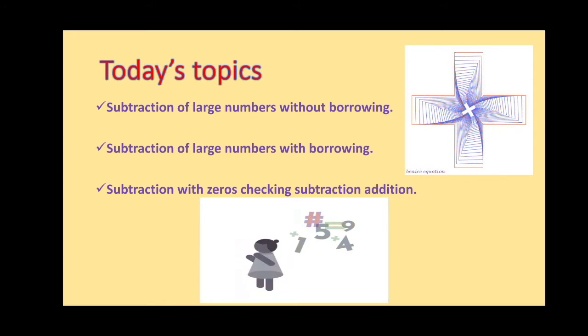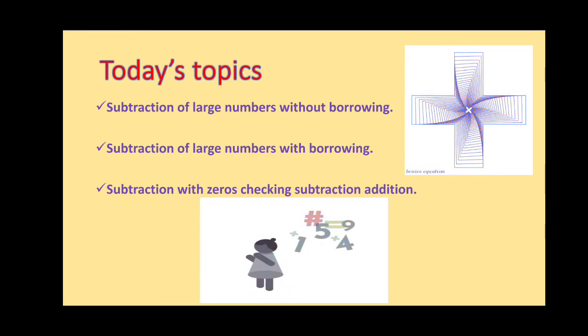So subtraction of large numbers without borrowing. When you have bigger minuend, you need not borrow. Directly you can subtract. And then come to the next thing, subtraction of large numbers with borrowing. As I told, if your minuend is smaller, your subtrahend is bigger, in that case you cannot subtract. So what do we do?